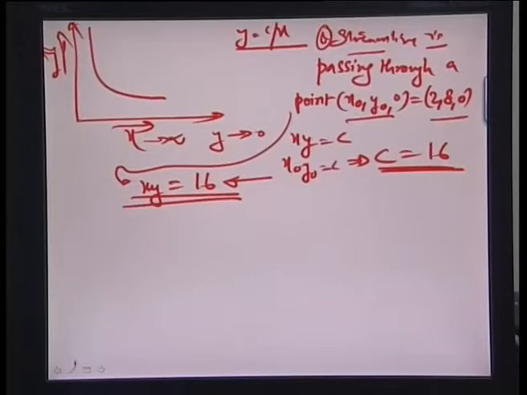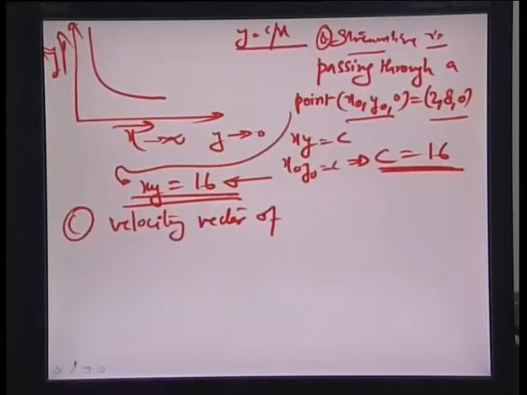So, the third part of the question asks to investigate the velocity of a particle which passes through this point. So, you have to determine what the velocity vector of the particle will be when it is on the particular streamline xy equal to 16.